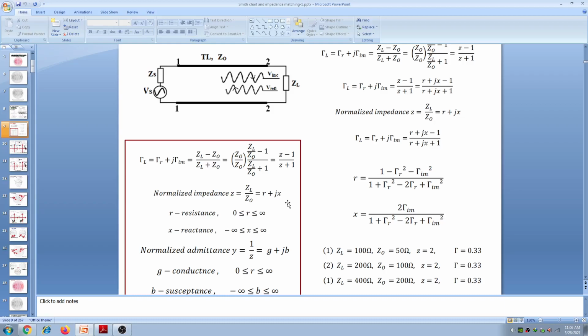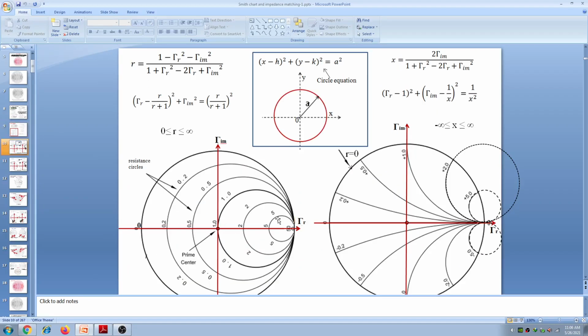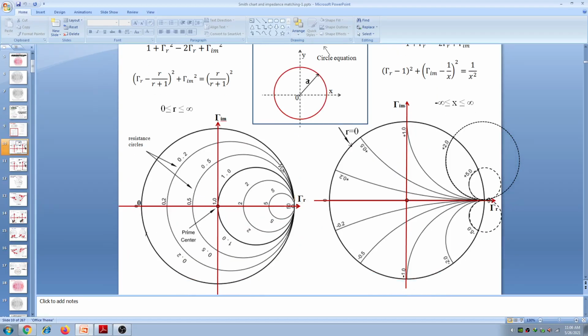Similarly, X can take values from minus infinity to plus infinity, because X may be negative or positive depending on whether it is capacitive or inductive. Capacitive reactance is negative, inductive reactance is positive. So on the Smith chart, there are circles like this.